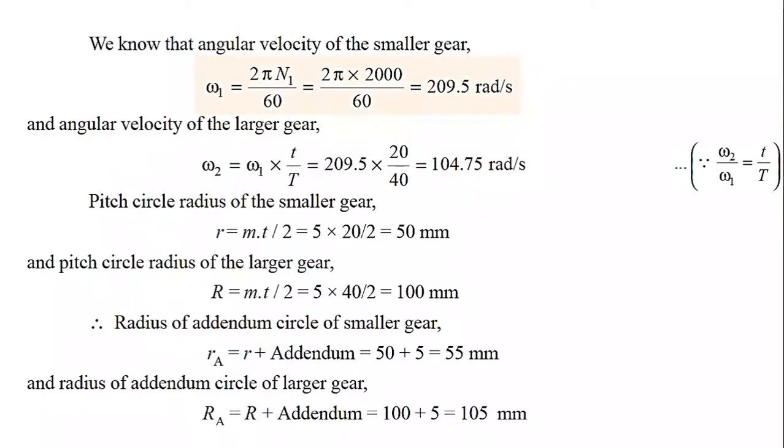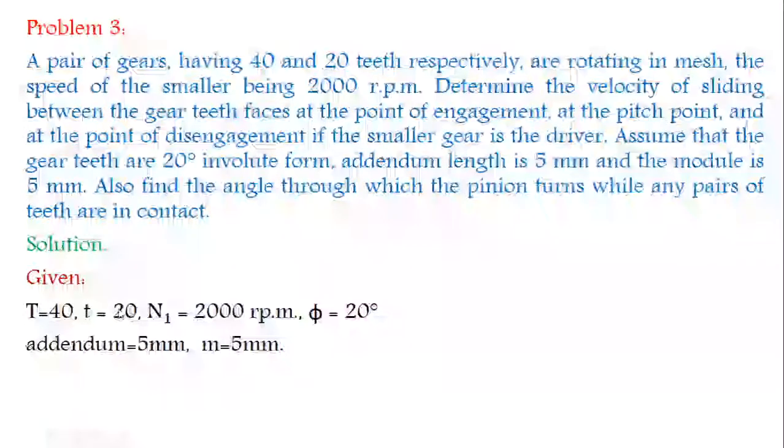Similarly, you will find the angular velocity of the larger gear wheel. Using the relation omega 2 divided by omega 1 equal to small t divided by capital T, we will find the value of omega 2. We know the omega 1 value, 209.5, and capital T and small t values are already given in this question.